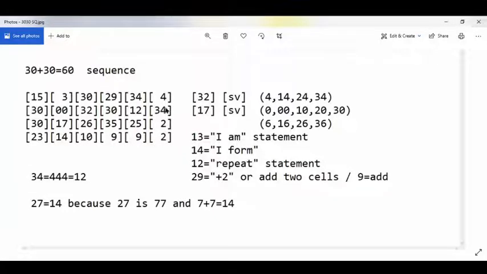And I want to explain this sequence here because it made a 34 and 34, and you're probably wondering why is that? Okay, the reason why is the 12, it has the repeat functionality. So it's going to repeat this number, but it might repeat this number, right? Because it's a half step away.